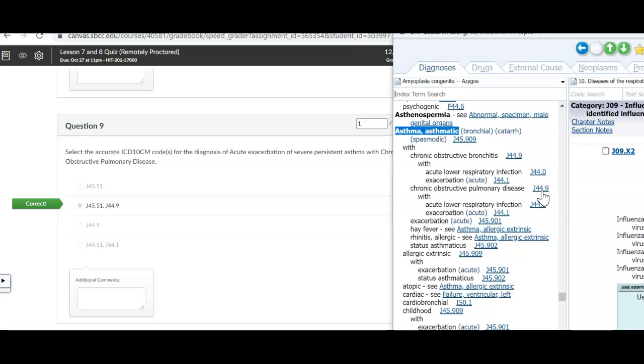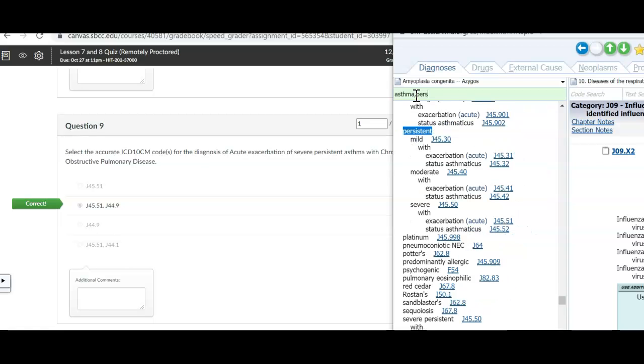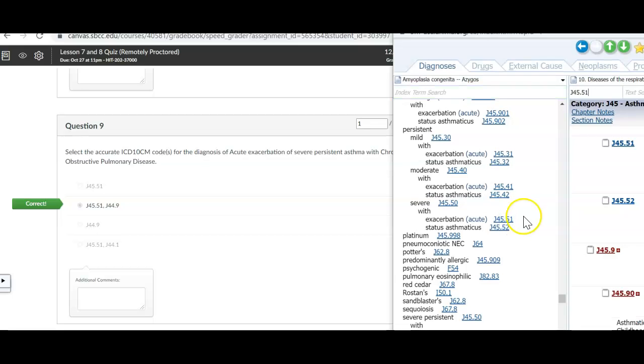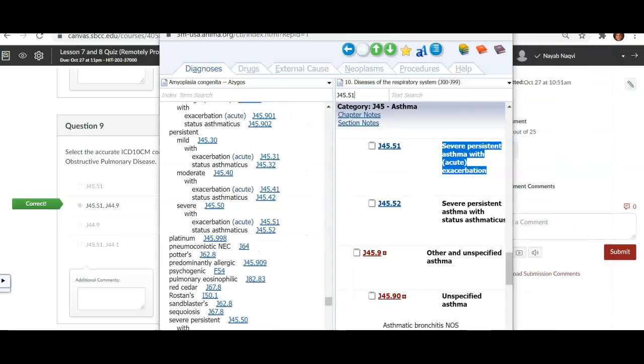That should not be your principal diagnosis though. Your principal diagnosis is going to be the persistent. So if I go to asthma, persistent, which takes me right to here. We have severe, so I need to go to severe, and it's with the acute exacerbation. So that takes us to J45.51.